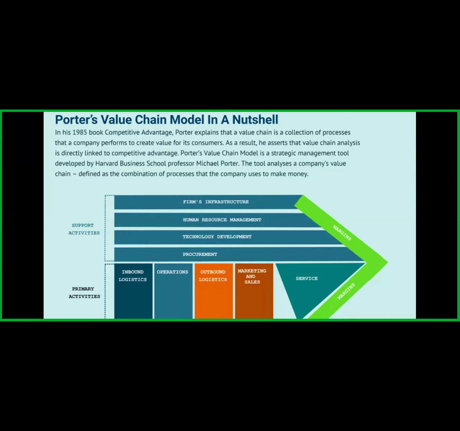Various players were there in the telecom sector, but now we are seeing that in India only two major players are there. One is Jio, the other one is Airtel. Thousands and lakhs of people have left Vodafone because of various reasons. We are not going to discuss those reasons, but now only two major players are there.